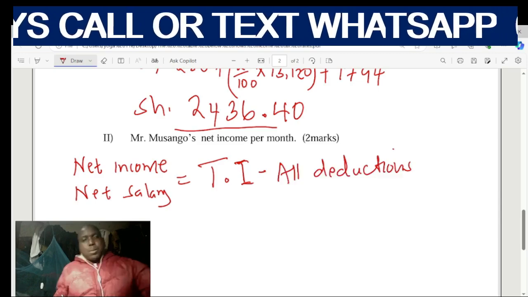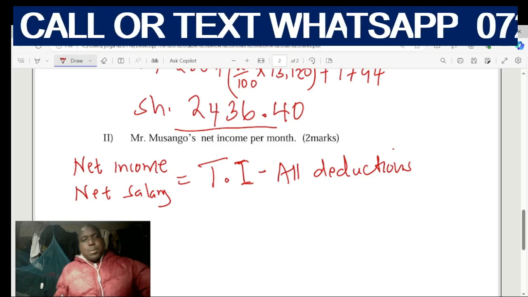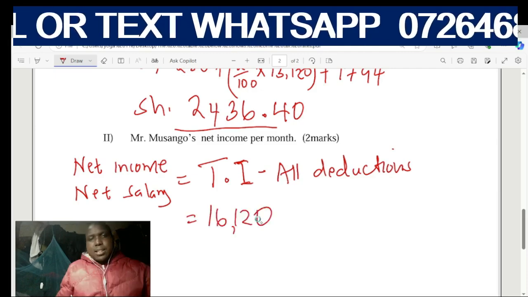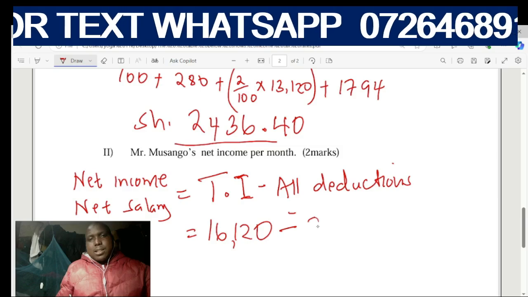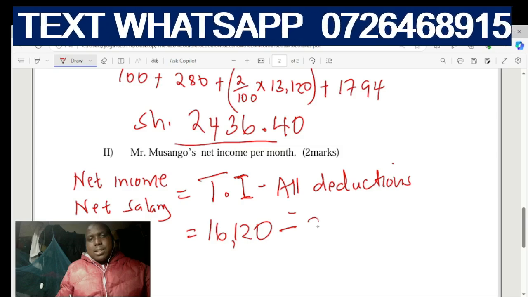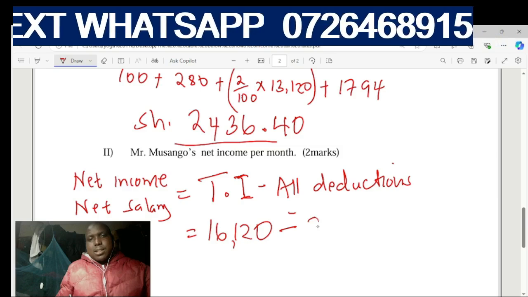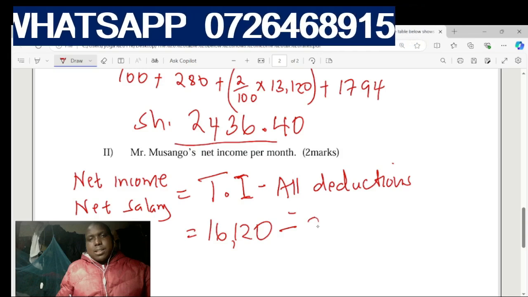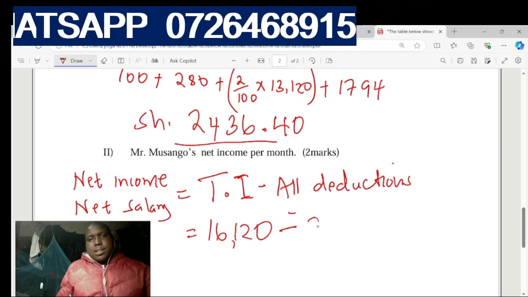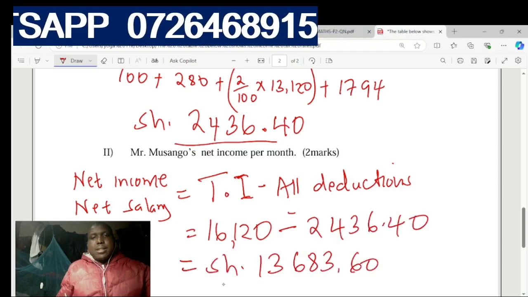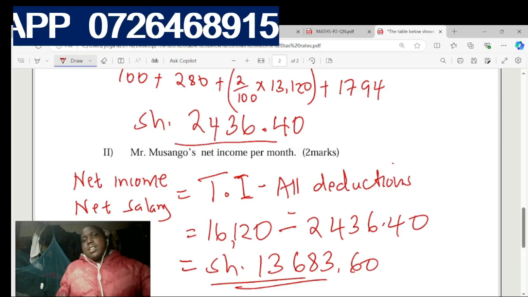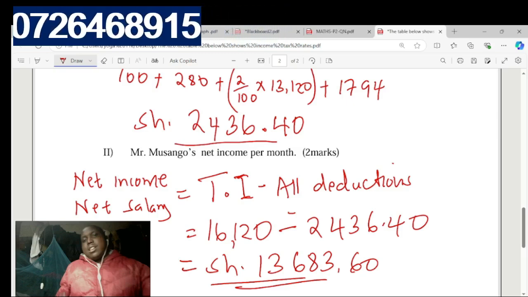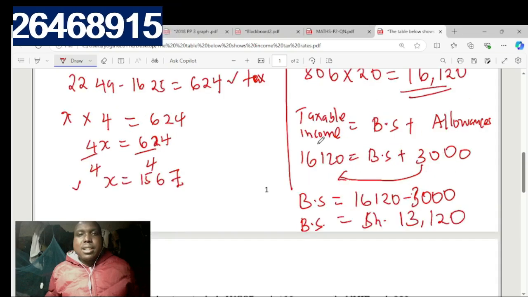So our taxable income ilikuwa 16,120. You subtract all deductions, which is amounting to 2,436.40, and now the net salary will be Kenya shillings 13,683.60. Very nice. So that is how you do the reverse process.